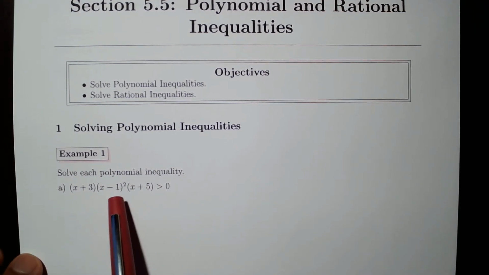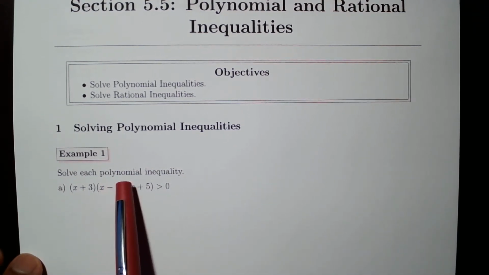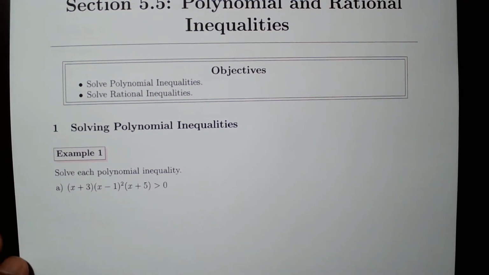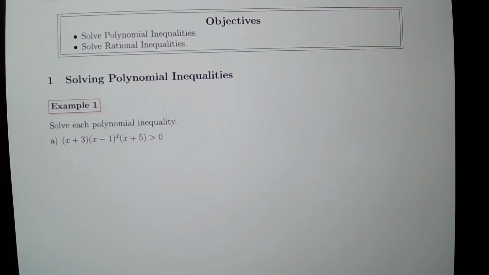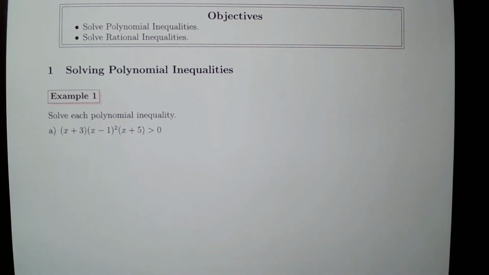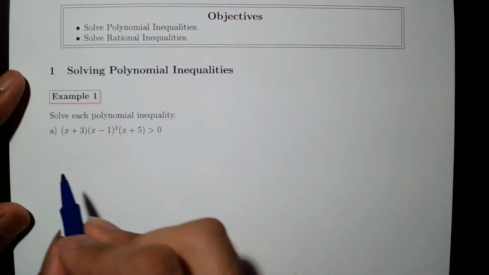Keep in mind that this factor is repeated twice, so it counts as a degree 2, and these two other factors give rise to another 2 degrees. So the overall degree will be 4. All right, so how do we proceed to solve inequalities? Well, just the same way we did it with the quadratic inequalities.